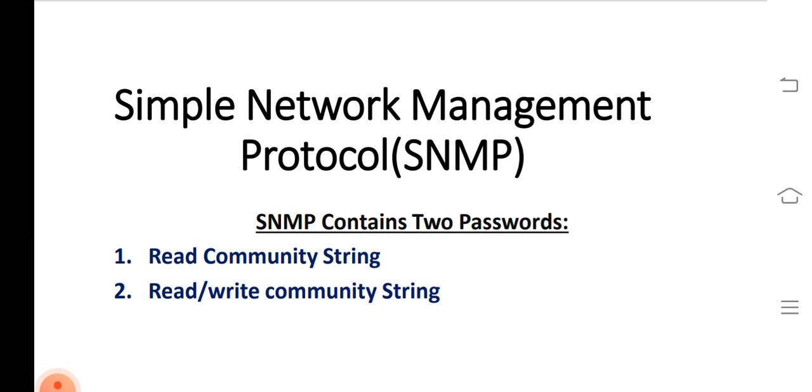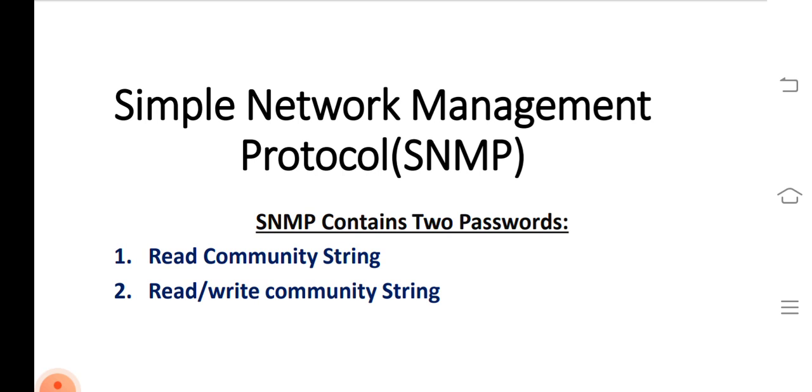Next, SNMP contains two passwords that you can use for configuring as well as for accessing the SNMP agent from the management station. The first is the read community string.